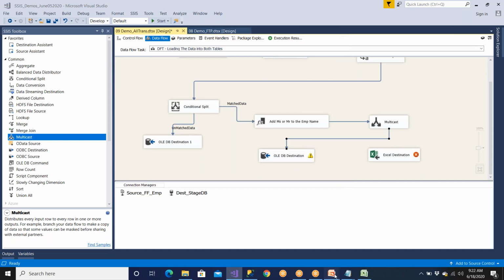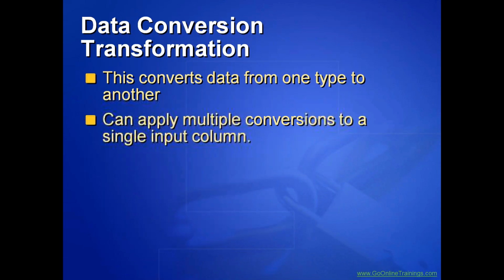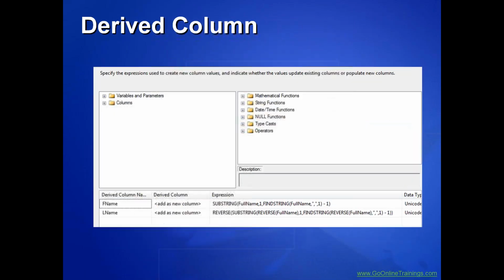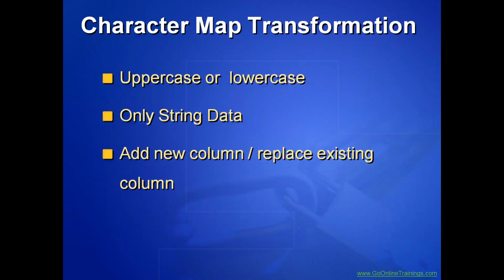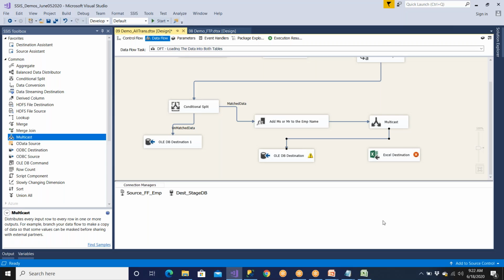We were discussing the multicast transformation, right? Where is multicast? Derived column, we were writing a lot of things. Multicast distributes its input to one more output, does not have any properties. I would like to send it to Excel, XML, Oracle: one input, many outputs. This is what I'm trying to do. So one copy will go here, one more copy has to come to Excel.